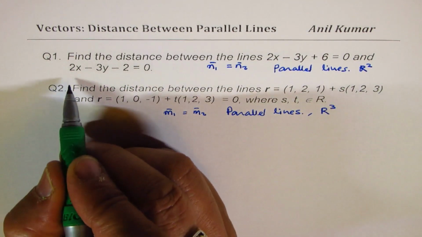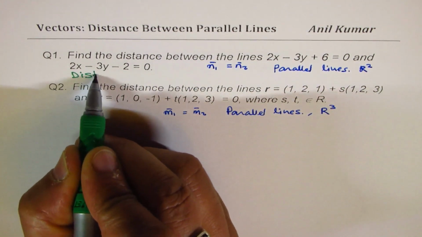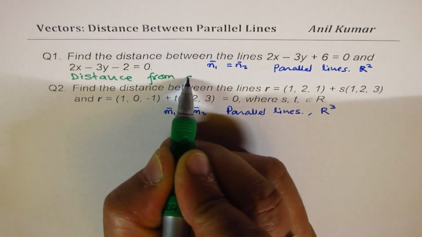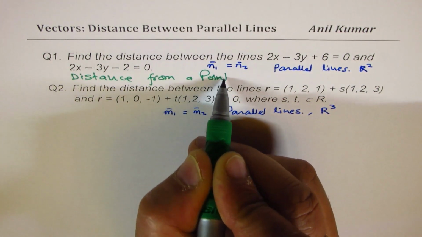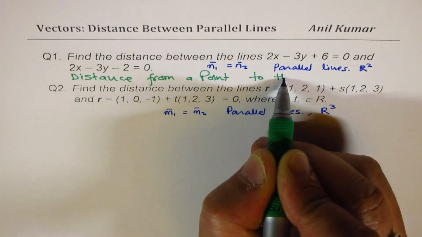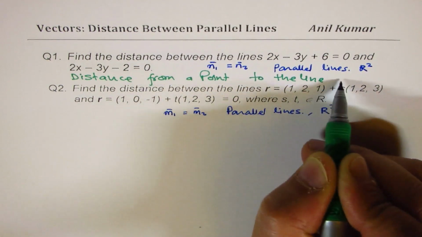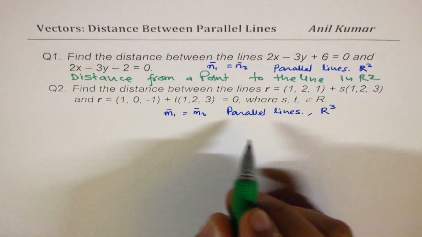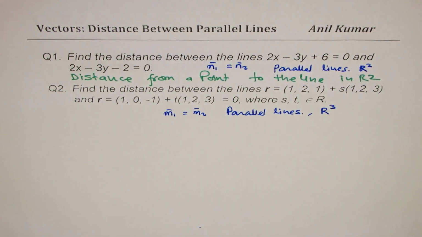So this is similar to distance from a point to the line in R2, and that one is in R3, right?